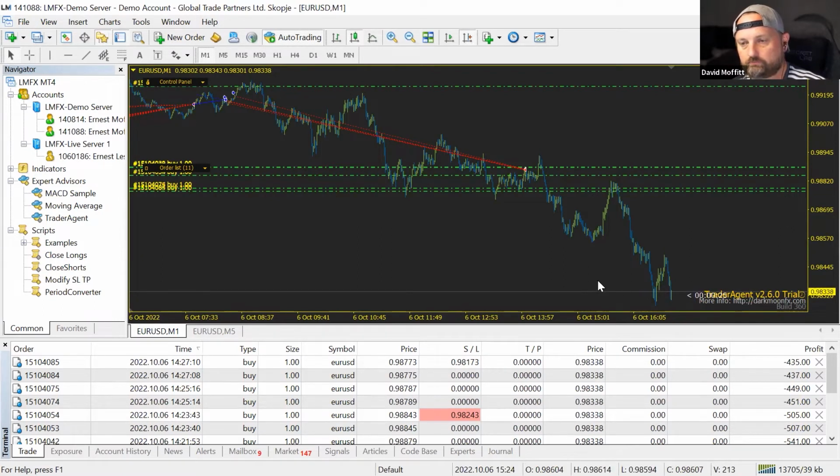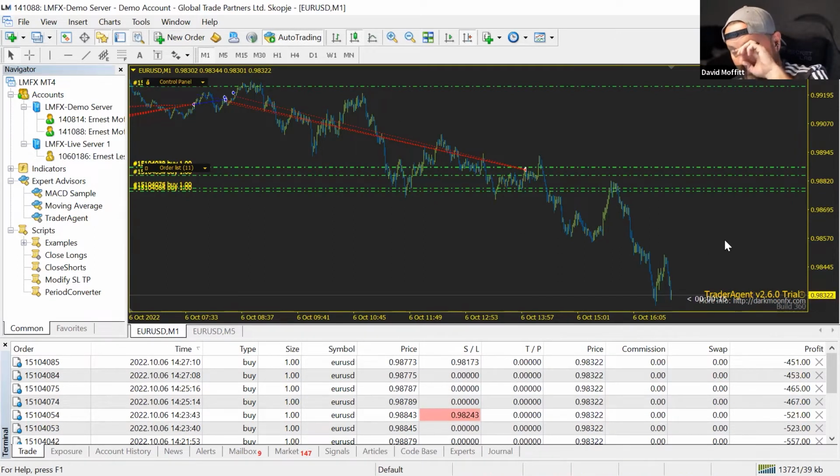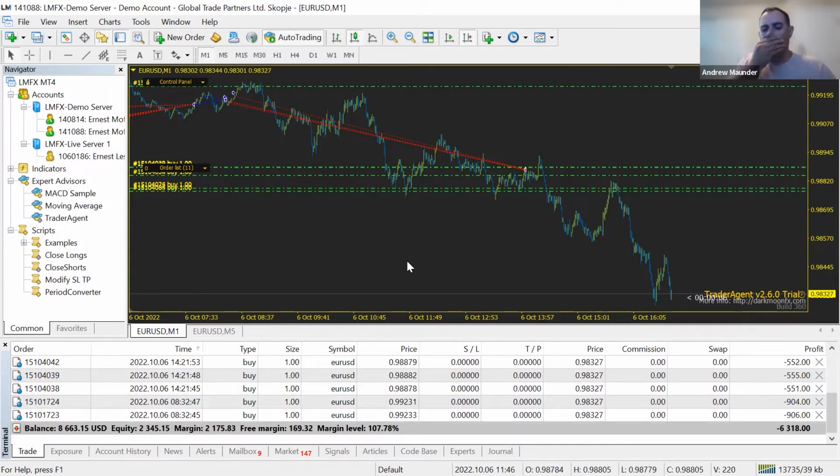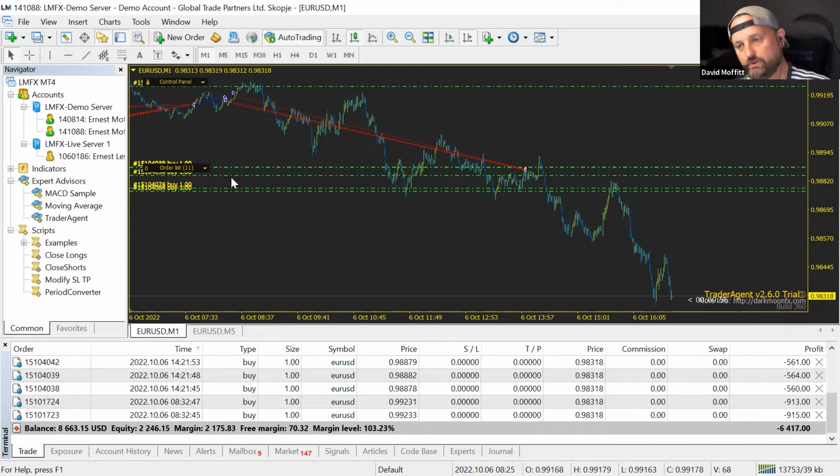So what we're going to do here is look for an opportunity to take the power back, right? I'm trying to come up with the best possible solution to fix your trades.